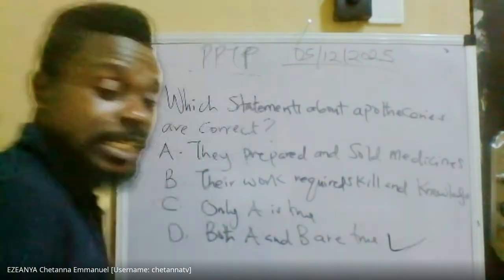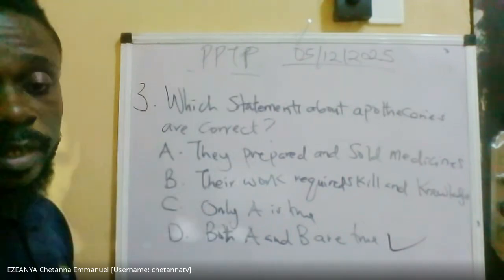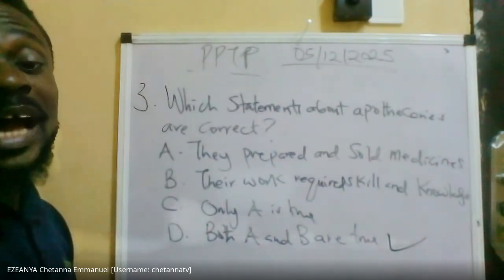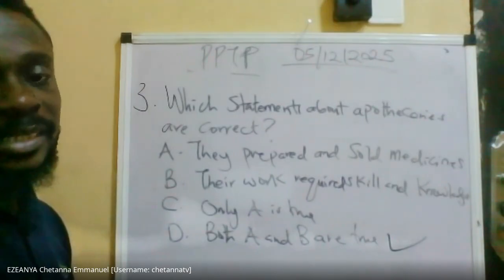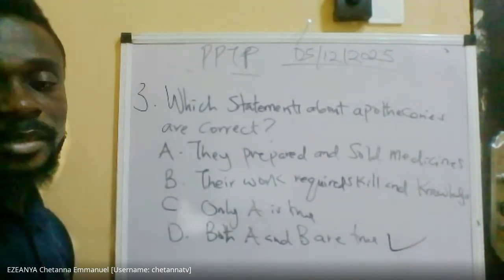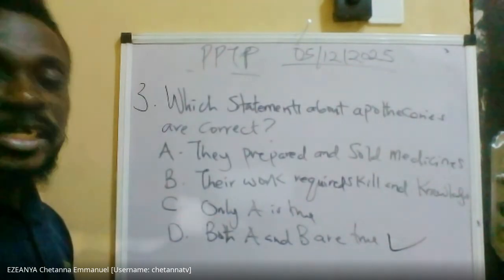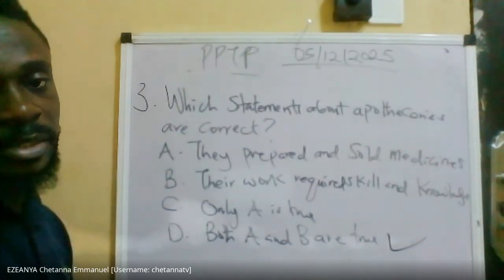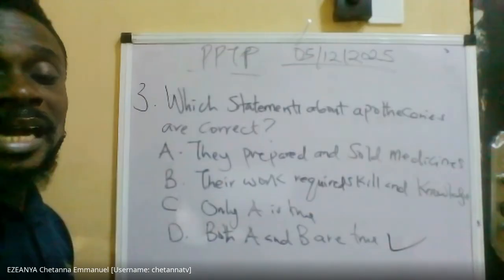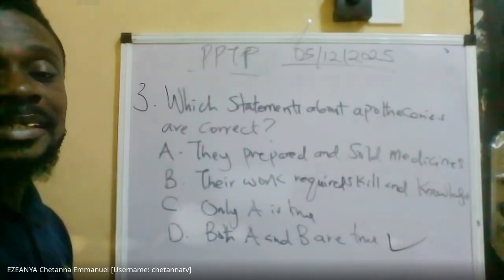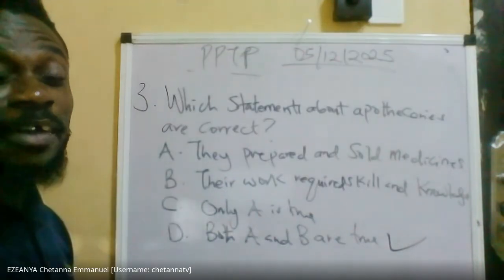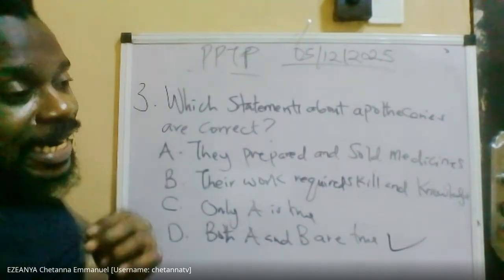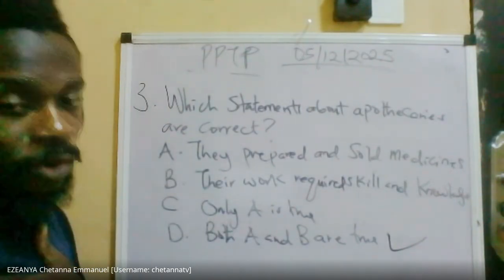Why? Let me explain. From history, apothecaries were actually practitioners, yes. So they prepared, dispensed, and sold medicinal substances. Whatever they were doing that time, the practice required significant pharmaceutical skill. Remember the Apothecary Act that differentiated them from grocers?